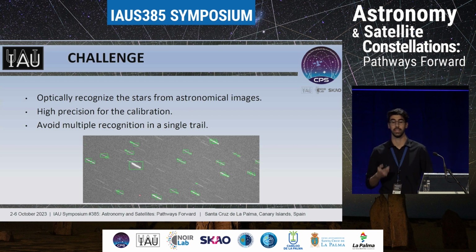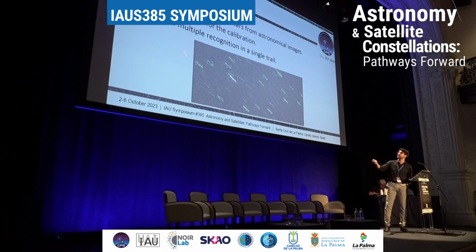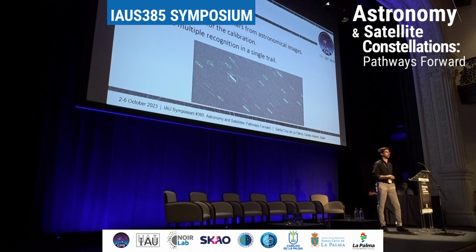We want to do so with high precision for the calibration or astronomical reduction. And we want to avoid multiple recognitions of objects in one single trial. A good example is this thing that we see right here, where the software is recognizing more than one object in that one single trial.